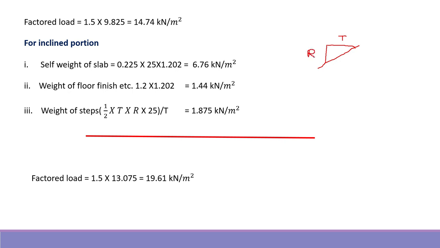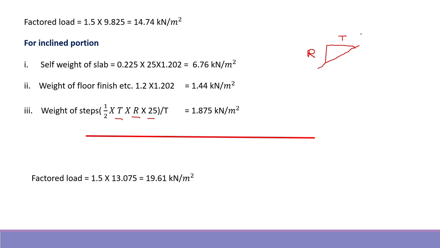If we consider unit length of the steps, it will be half base into altitude, and the density is 25. And we divide it by T, which will give a UDL.